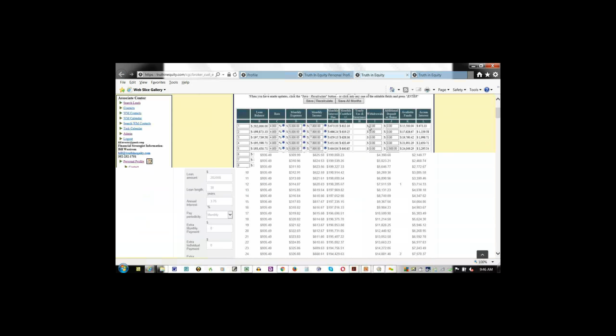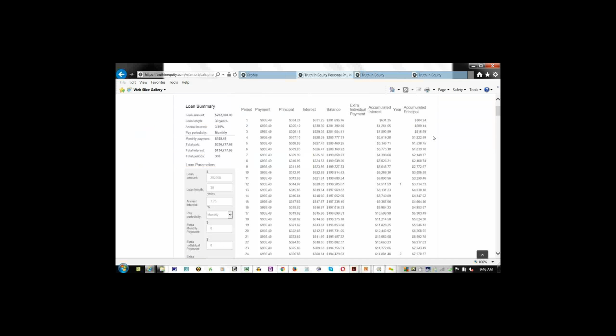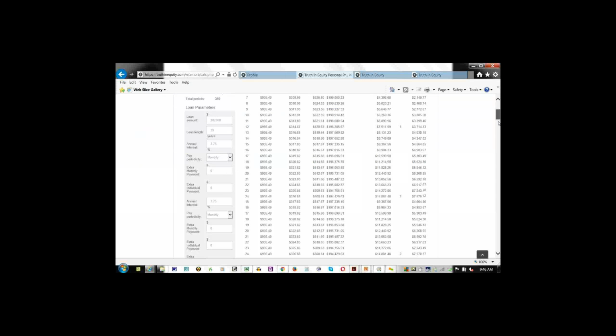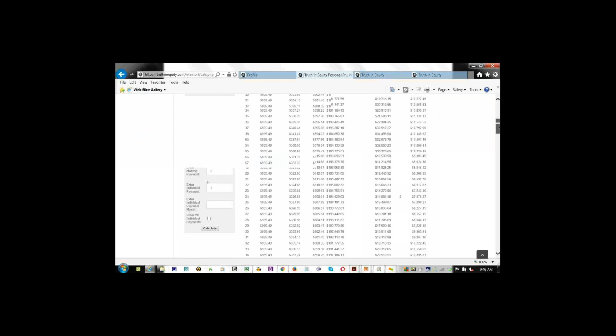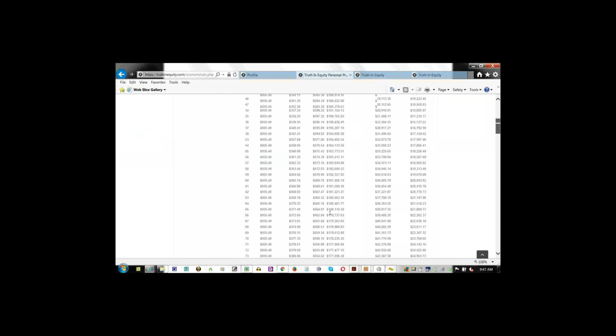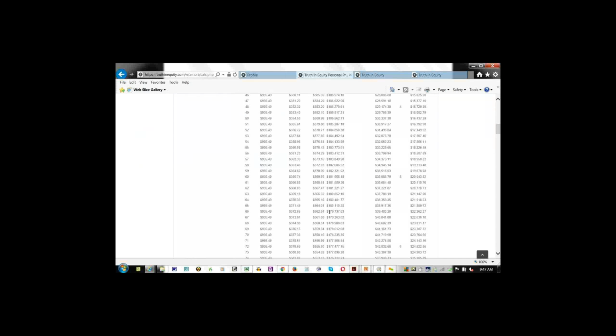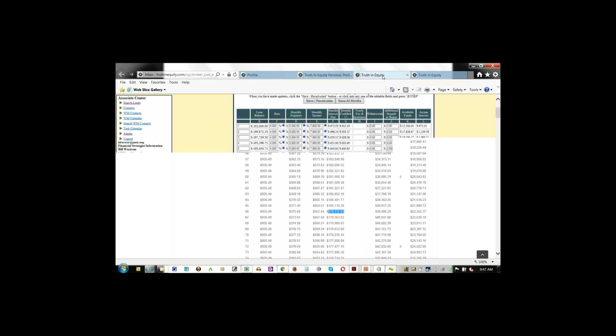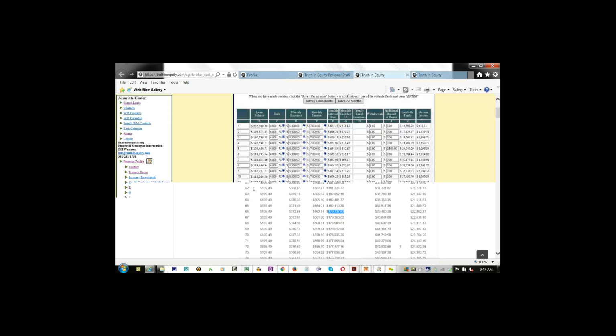Now remember, this is the balance column, so in this column right here, we're looking for 179.8, and they're close to it. We'll scroll. 179's right there. 66 months. It would take you 5.5 years under the conventional model to get to 179.8, and we got it there in a year's time.